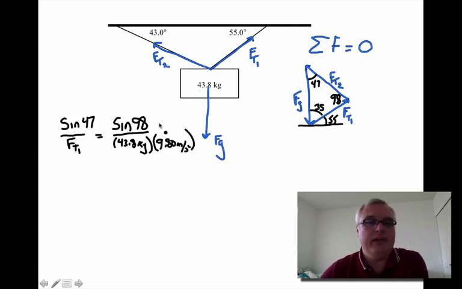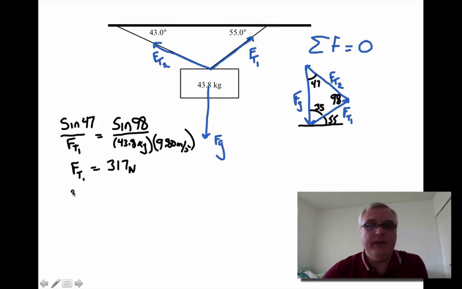So you can see we've written a formula where the only unknown is Ft1. And when we rearrange this, we find that Ft1 is 317 newtons. So we know the magnitude of this tension force.